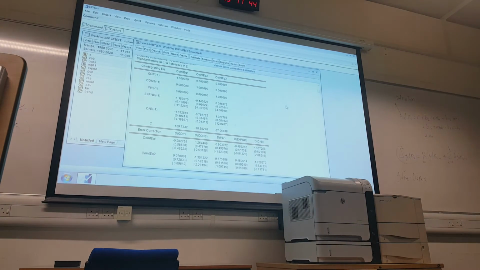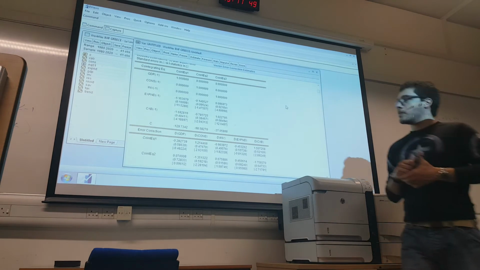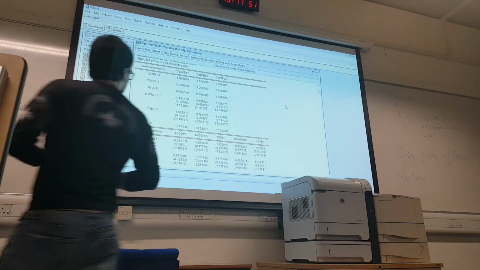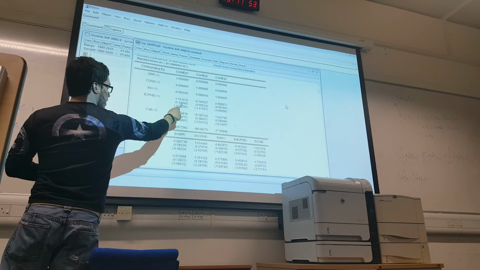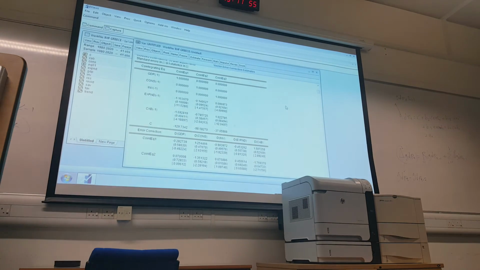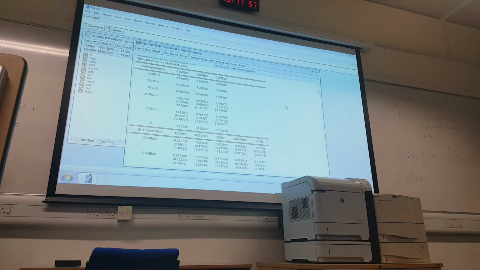So the next question is, are those long-run relationships significant? We always have a look here at the number in the bracket and compare it with what? With the critical value of the t-statistic at the 5% point of significance, which is equal to 1.96.